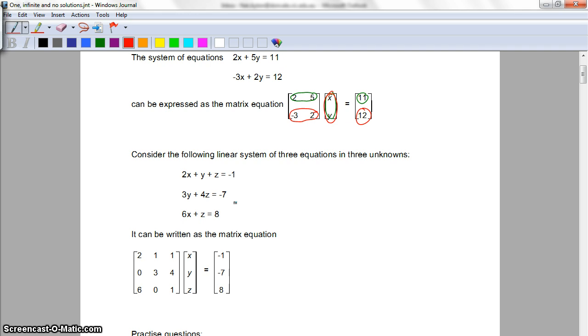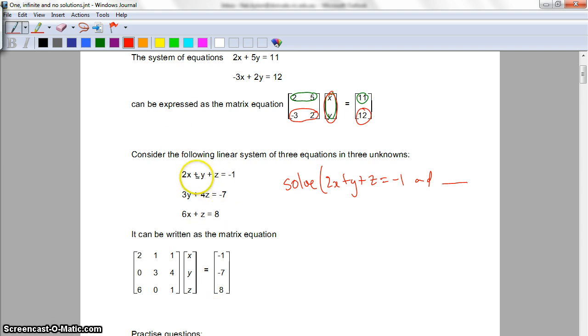I know that you could also solve this on your calculator the old-fashioned way, using solve: 2x plus y plus z equals negative 1, then space and write the next equation, space and the next equation, and then comma x, y and z, and it'll give you the solutions. But it can be a bit tedious because that'll run off the edge of the screen. You can actually solve these on your calculator using a matrix, which I can show you a little later. But first we need to represent this data in matrix form.